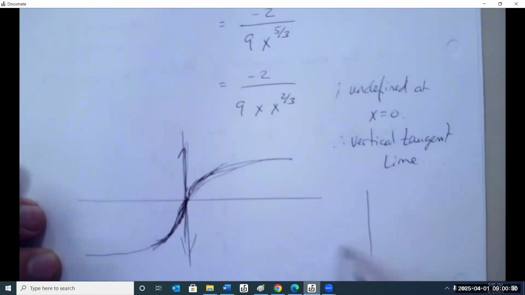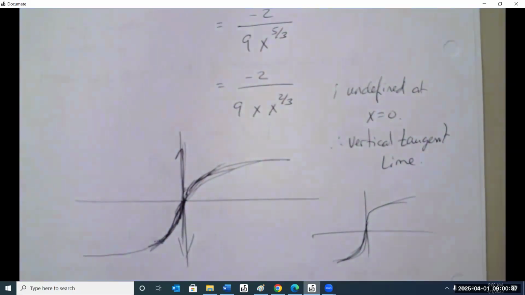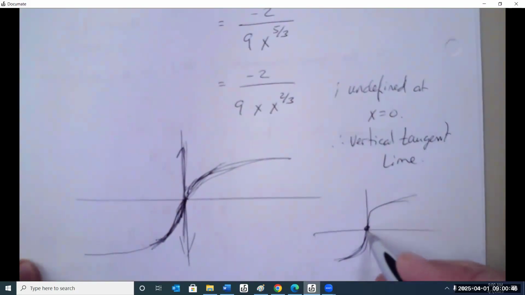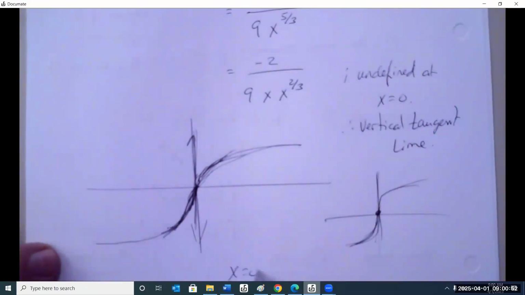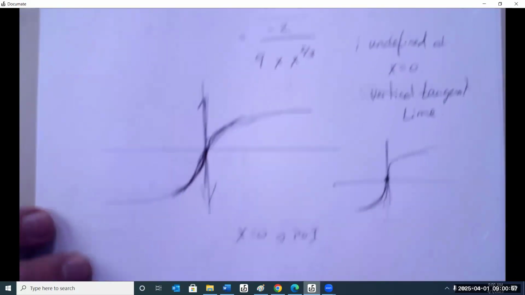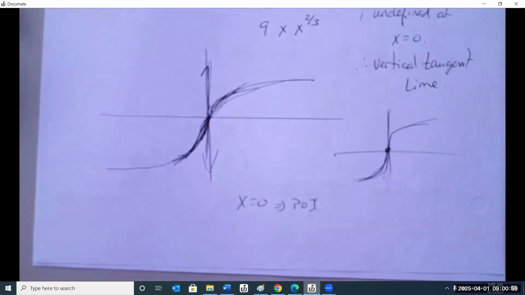The bigger the denominator of your radical, the more steep it becomes. So what we have here is a vertical tangent line. So x equals 0 is my point of inflection.